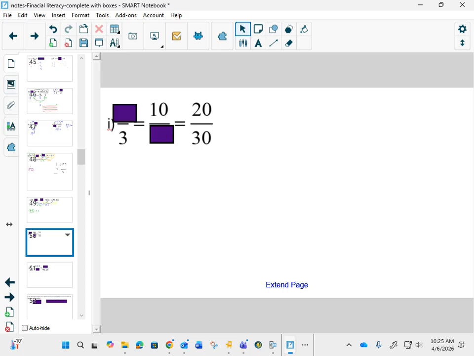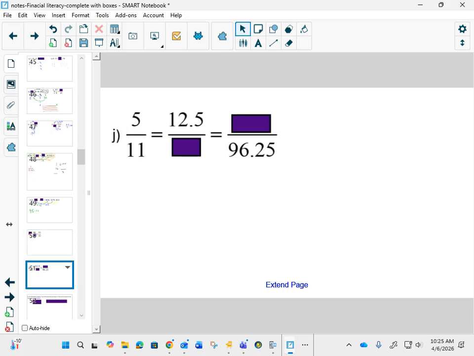All right, did you check this out? Yeah, it was easy. Did you get 2 over 3, 10 over 15? And the last one. You're getting bigger. 5 over 11.